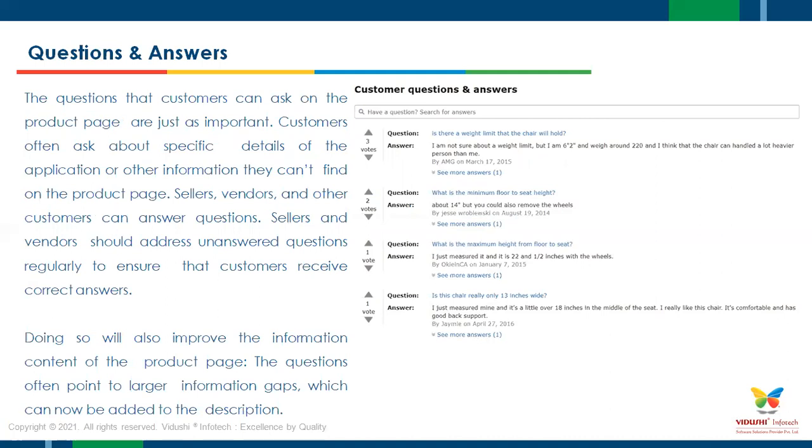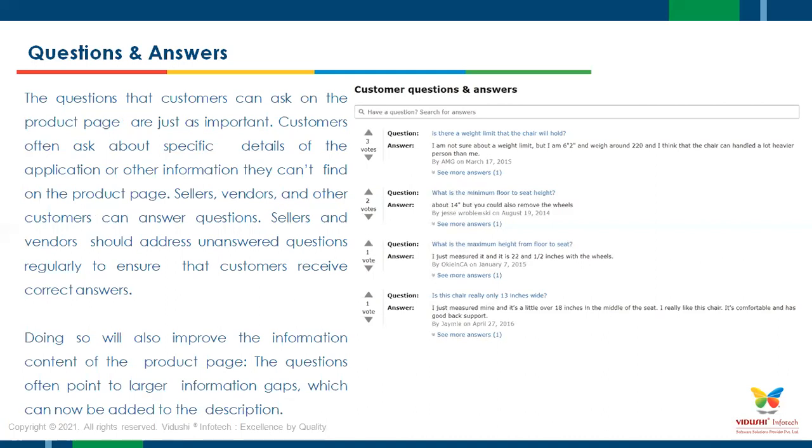Questions and answers. The questions that customers can ask on the product page are just as important. Customers often ask about specific details of the application or other information they can't find on the product page.